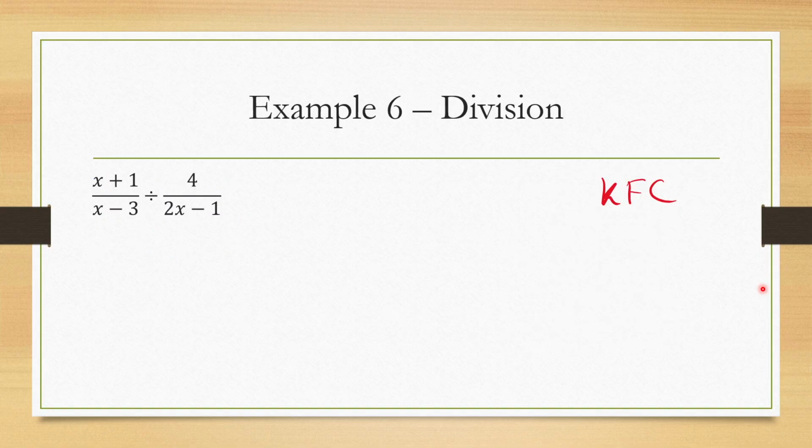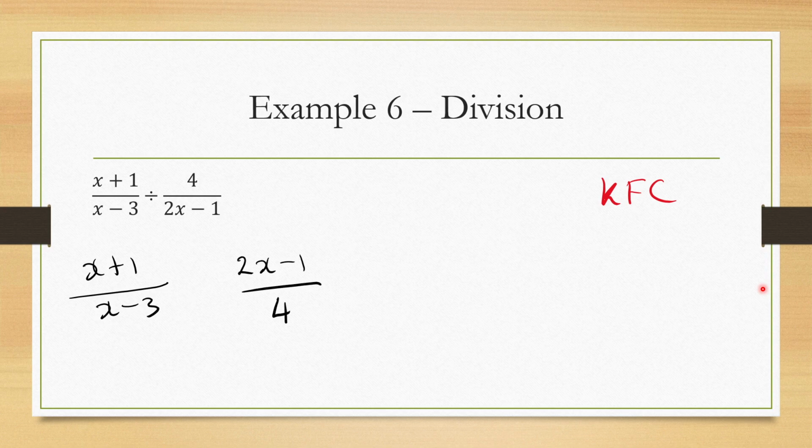So let's take an example. We have KFC here. First of all, we're going to keep the first, x plus 1 over x minus 3, and then flip the second, which is going to be 2x minus 1 over 4. Now change the sign. Now you multiply it.